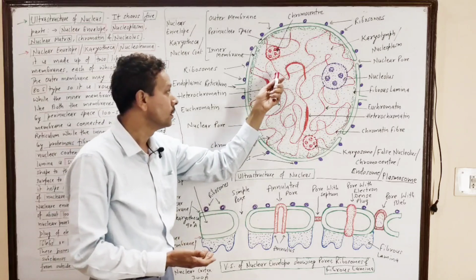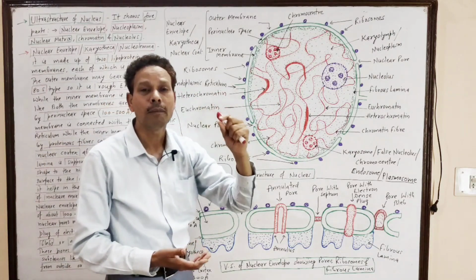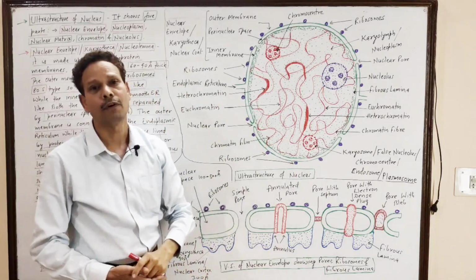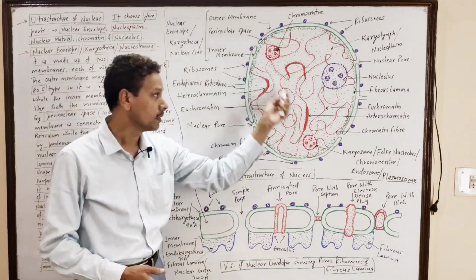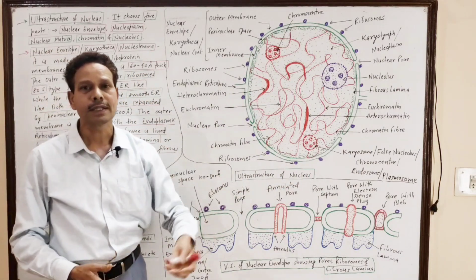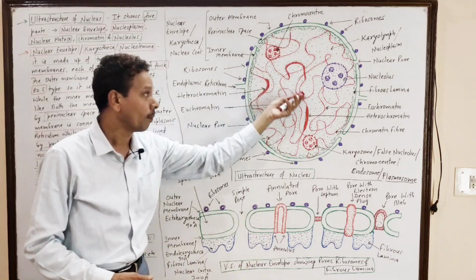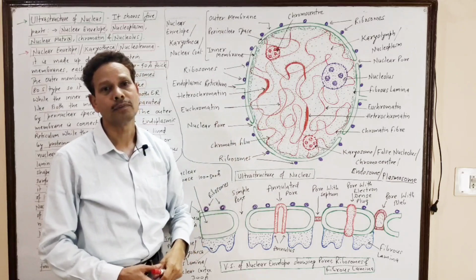When it is diffused, then it is euchromatin, and when the chromatin is in condensed form, then it is heterochromatin. Dear students, in tomorrow's lecture, I will discuss chromatin, nucleolus, nucleoplasm in detail.